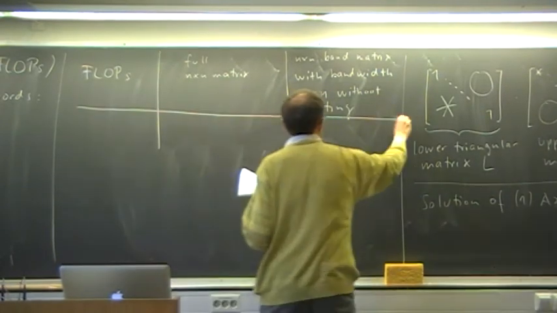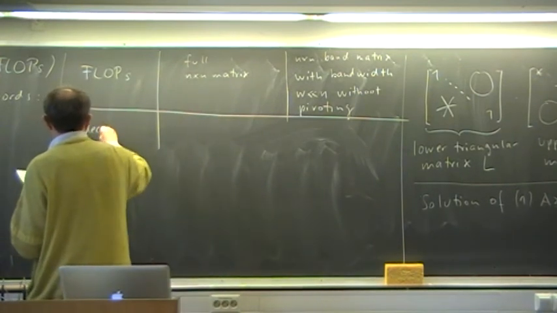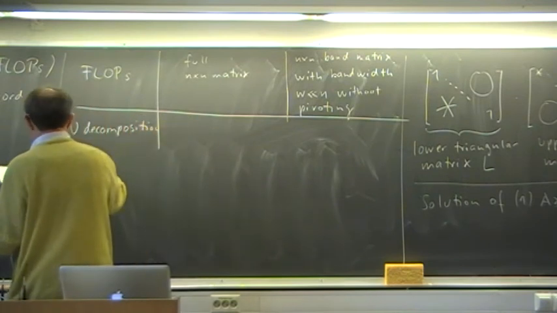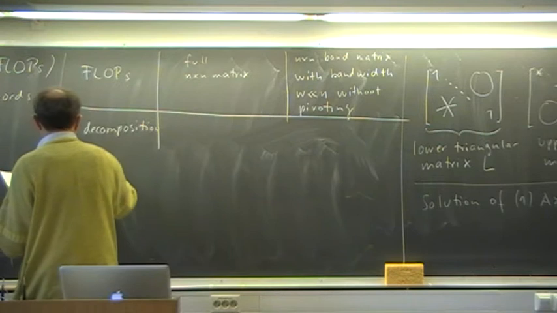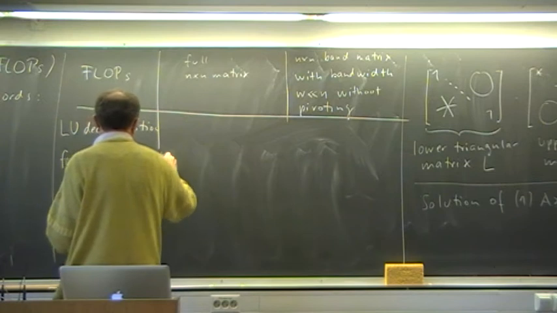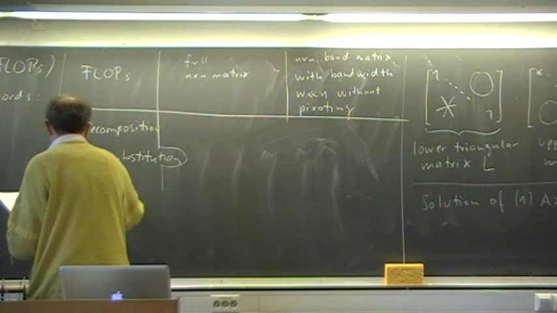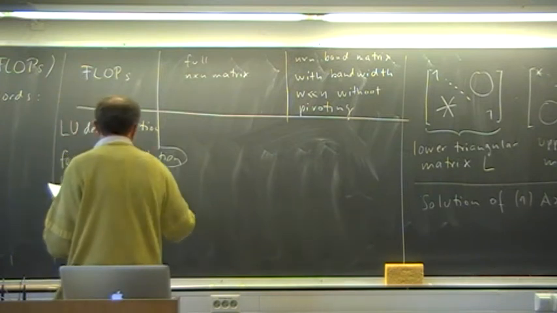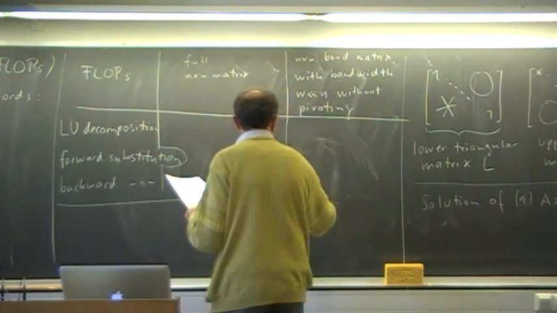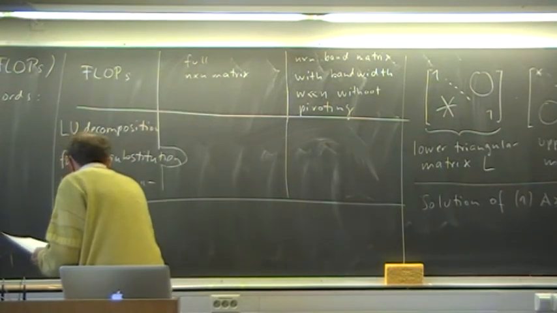So then we have this table, and here we have the LU decomposition, and we will also consider the forward substitution, and the backward substitution. And then we will also consider the storage words, how many we need.